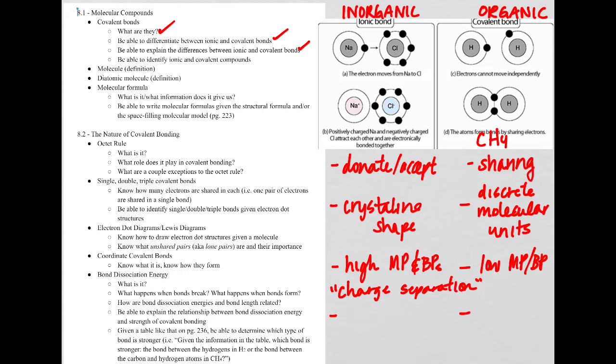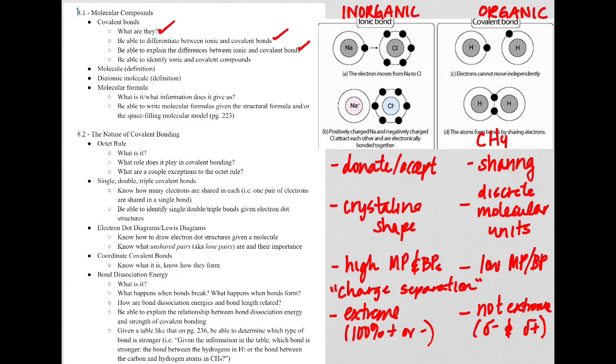So the charge separation for ionic compounds is extreme, meaning we only have 100% positive or negative ions, and it's not so extreme with covalent compounds. Even in polar covalent compounds, we have partial negatives and partial positives, right? Okay, so that's what we call charge separation.